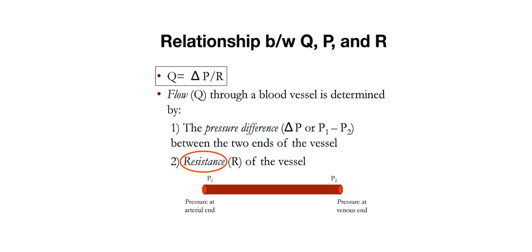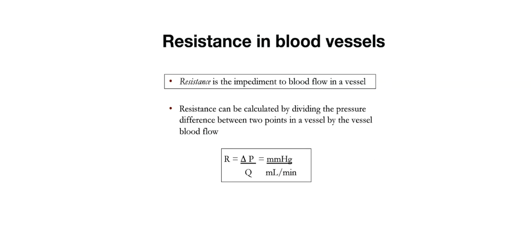The resistance of that vessel is going to be a big indicator of the pressure moving through it. When we get to the arterioles, you're going to see just how much a rapid increase in resistance has an effect on the pressure. So if resistance is going to impede blood flow, you get it by taking the change in blood pressure from the beginning to the end of the vessel you're measuring, divided by the amount of flow. That will give you your resistance value.